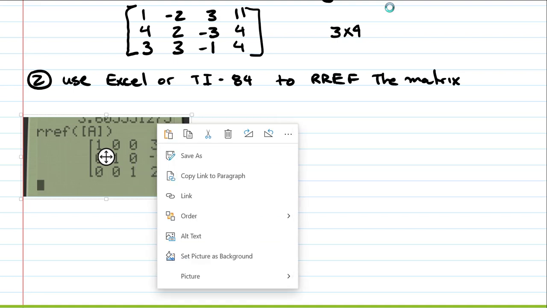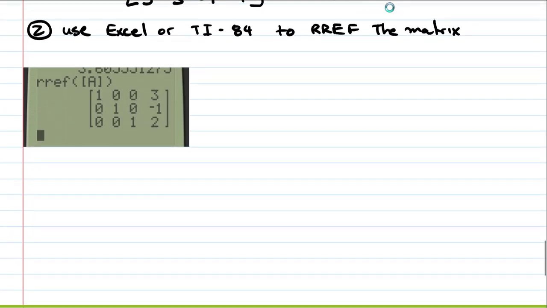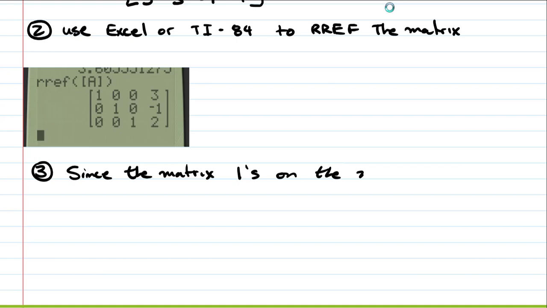So since our matrix is in reduced row echelon form, and since the matrix has 1s on the main diagonal, the solution is column 4.